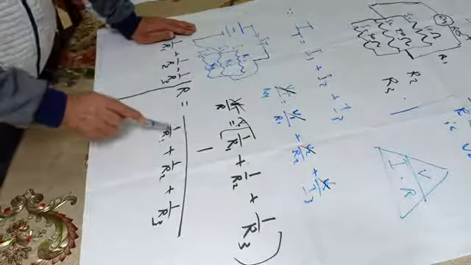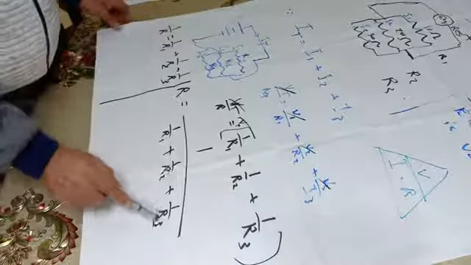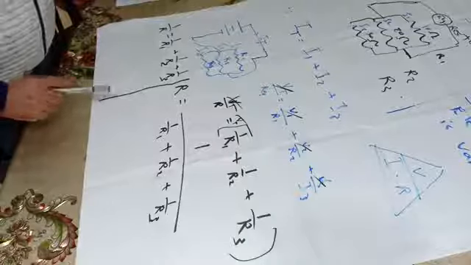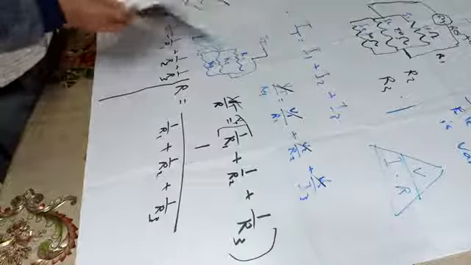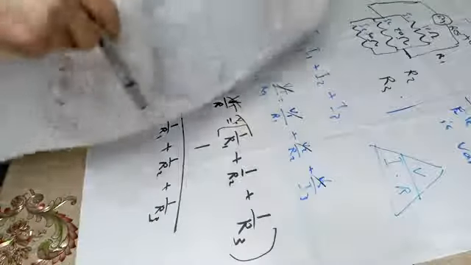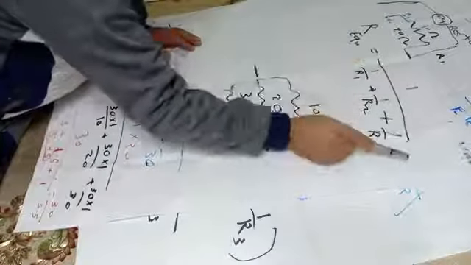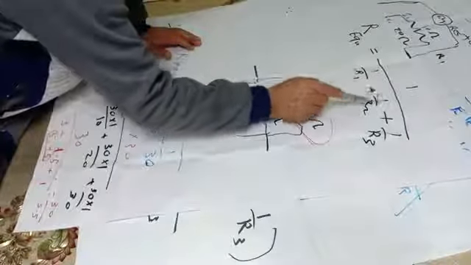Example like this: R equivalent equals 1 over the sum of 1 over R1 plus 1 over R2 plus 1 over R3.